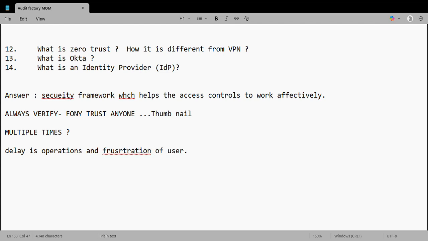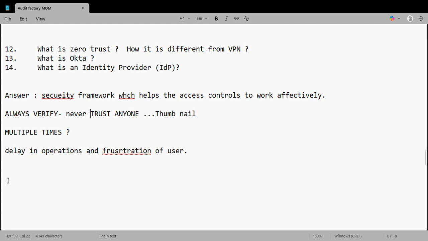This may happen because if a user has been working for 7-8 years with the same credentials, and zero trust is popping up again and again just to verify, it may lead to operational delay and frustration of the user. Let me correct this spelling. Never trust, never trust anyone.